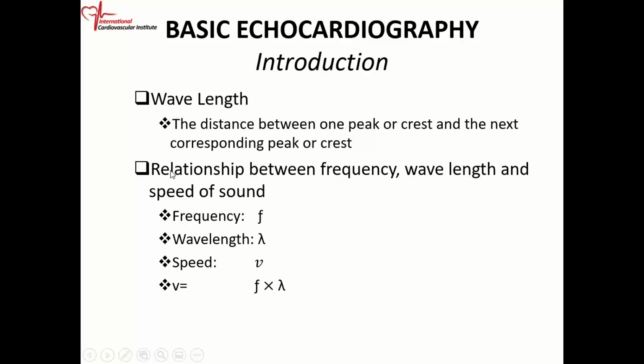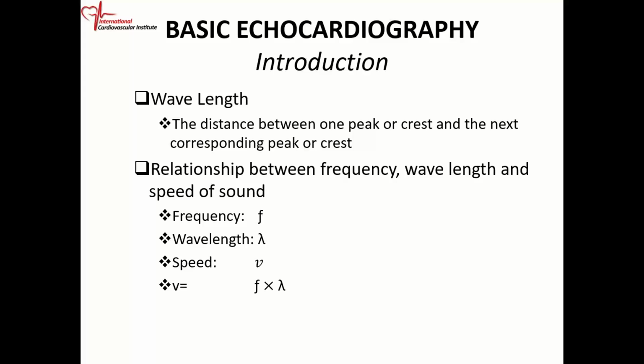So what is the relationship between frequency and wavelength? Well, the speed of sound varies in the different medium. The speed of sound in air is a certain number. The speed of sound in water is another number. The speed of sound in a solid is another number.